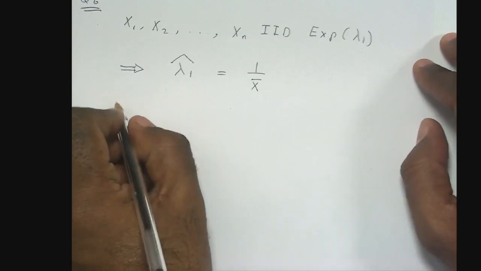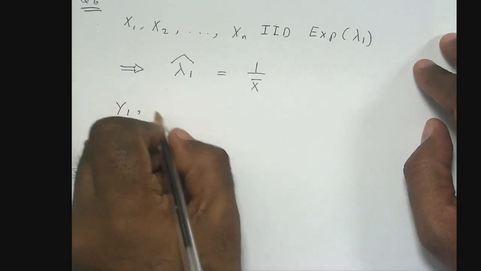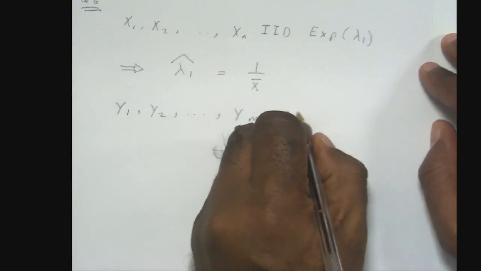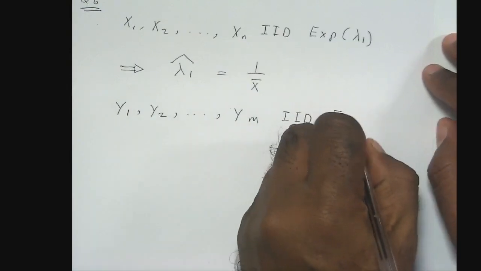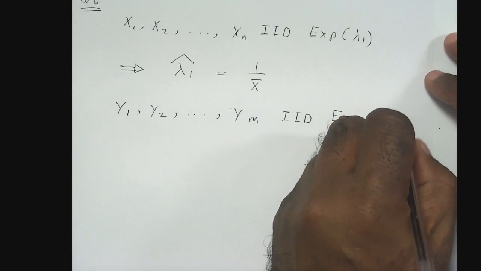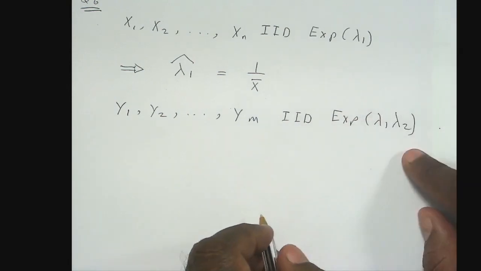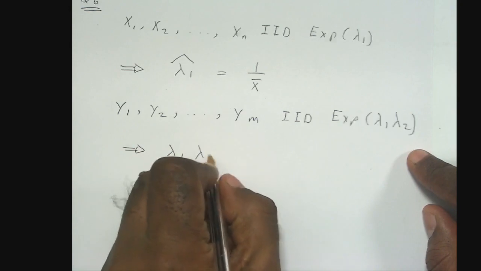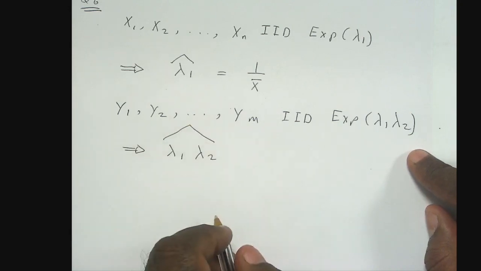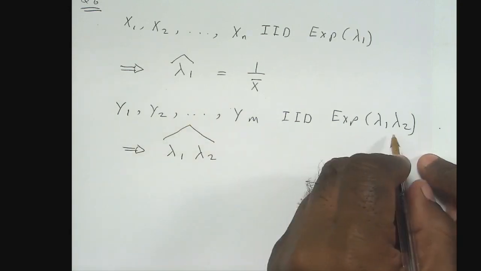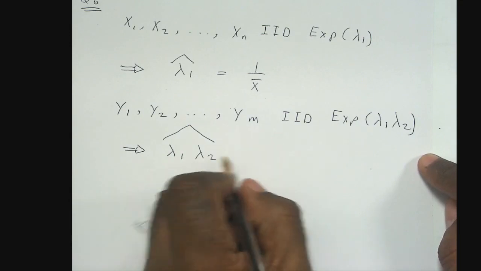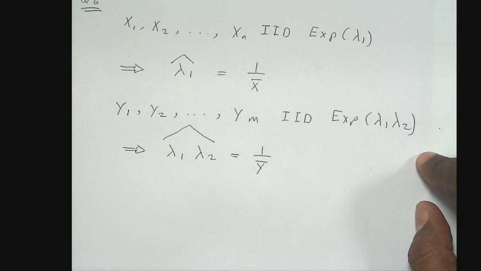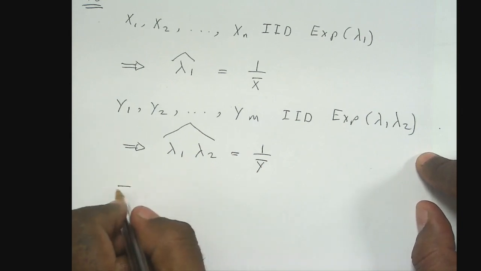And then you have another sample y1, y2 up to ym IID exponential with parameter lambda 1, lambda 2. By the same argument, this implies that the MLE for the rate parameter, which is lambda 1, lambda 2, is equal to 1 divided by the sample mean, which is y bar.